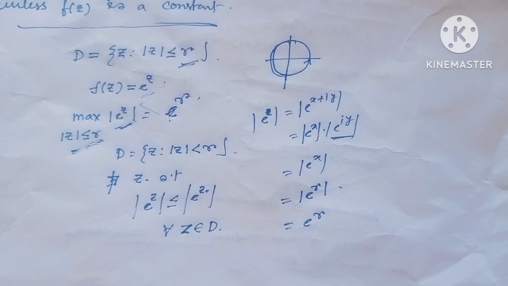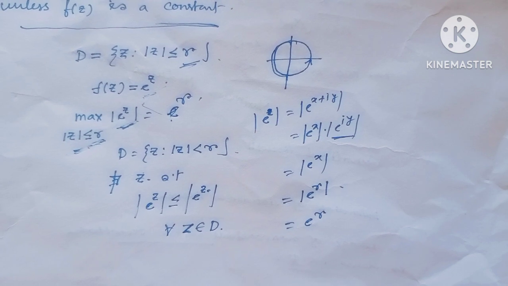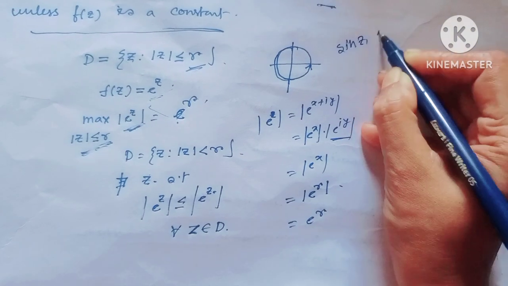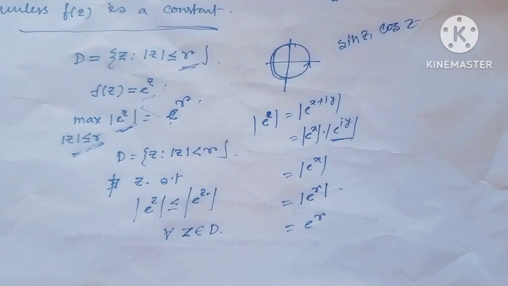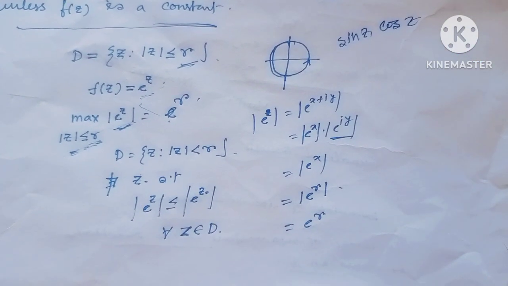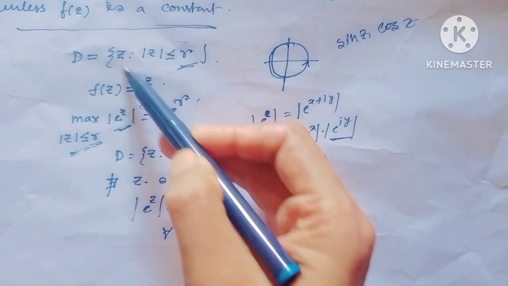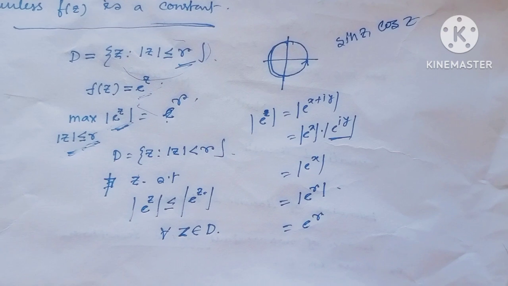Similarly, for non-constant functions sin z and cos z, we can find the maximum value in this domain on the boundary.